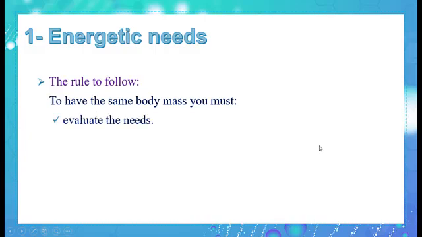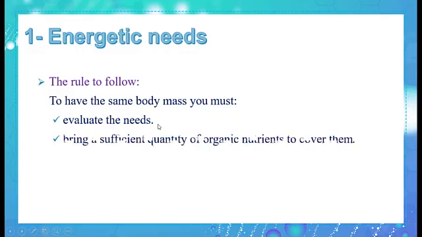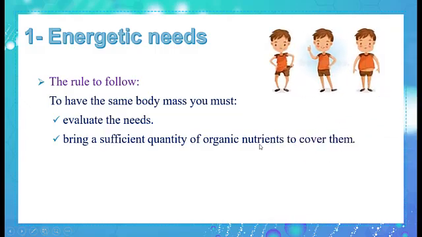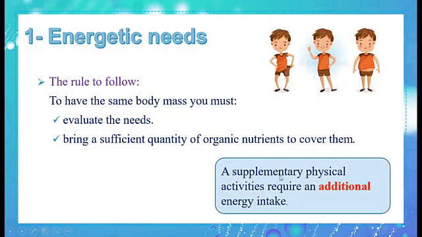In the energetic needs, we have some rules to follow. One of these rules: to keep the same body mass, we must evaluate the needs and then bring a sufficient quantity of organic nutrients to cover them. For example, if we have a supplementary physical activity, we require an additional energy intake.